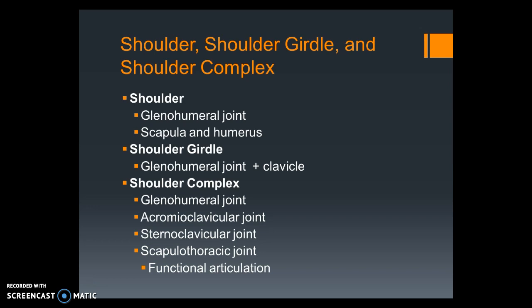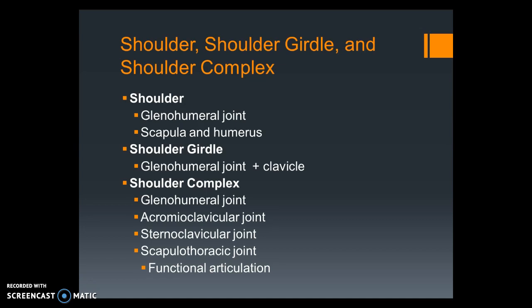So just to define that a little better, your shoulder is considered your glenohumeral joint, which is the articulation between the scapula, particularly the glenoid fossa of the scapula, and the humerus. The shoulder girdle is the glenohumeral joint plus the clavicle, so scapula, humerus, and clavicle.